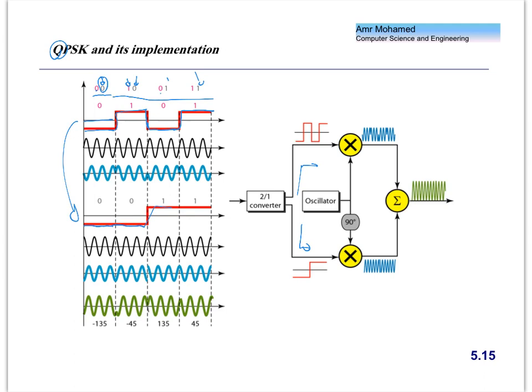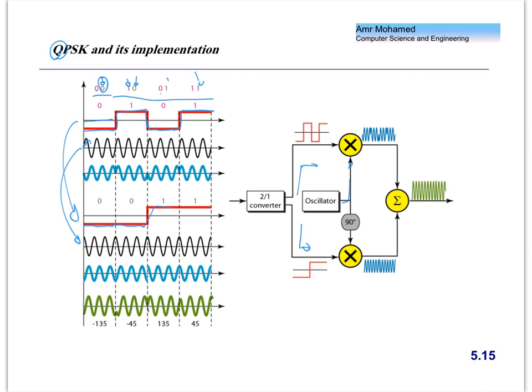Okay? We will use one oscillator with one frequency. So we are maintaining the same frequency. This oscillator will generate, on one side, a sine wave with phase shift 0. And all we need to do is, on the other branch, generate a cosine wave, not a sine wave.